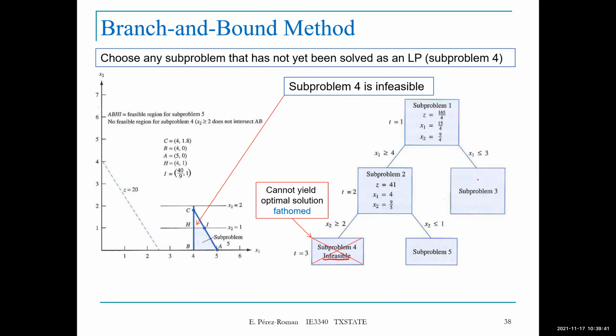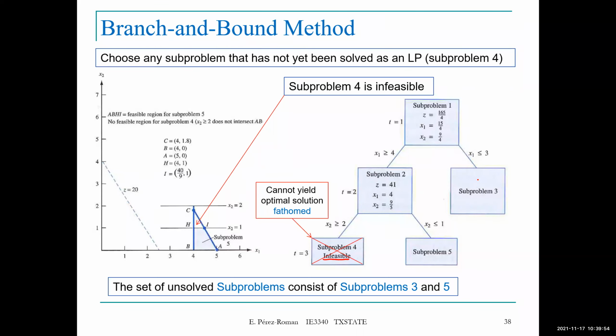But for subproblem 5, and since we get a subproblem that's infeasible, we don't have to search through that branch anymore. That node is phantom. So the set of unsolved subproblems consists now of subproblem 3 and subproblem 5.